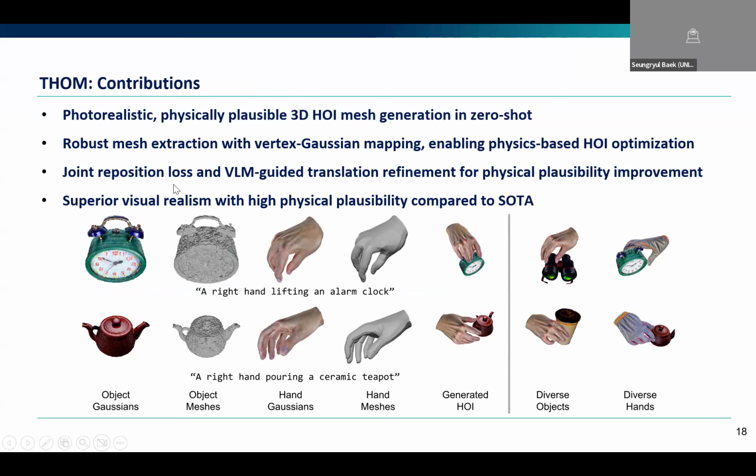We additionally propose joint interpretation rules and a guide translation to further improve physical plausibility. And we empirically showed that we have superior visual realism with high physical plausibility compared to existing state-of-the-art.